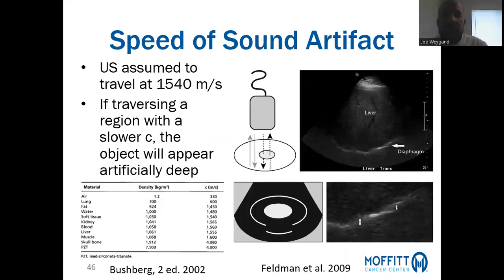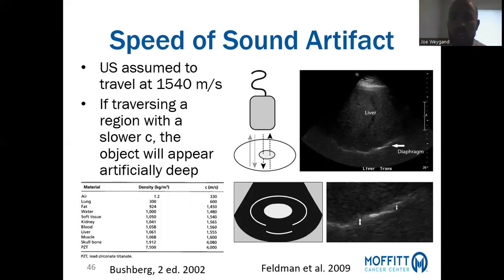You could also have an artifact that arises due to the invalidation of the assumption that the ultrasound pulse travels at a constant velocity. Remember, in soft tissue, ultrasound travels at 1,540 meters per second. But if it's traversing a region with a slower speed of sound, like fat or air, the object will appear artificially deep.